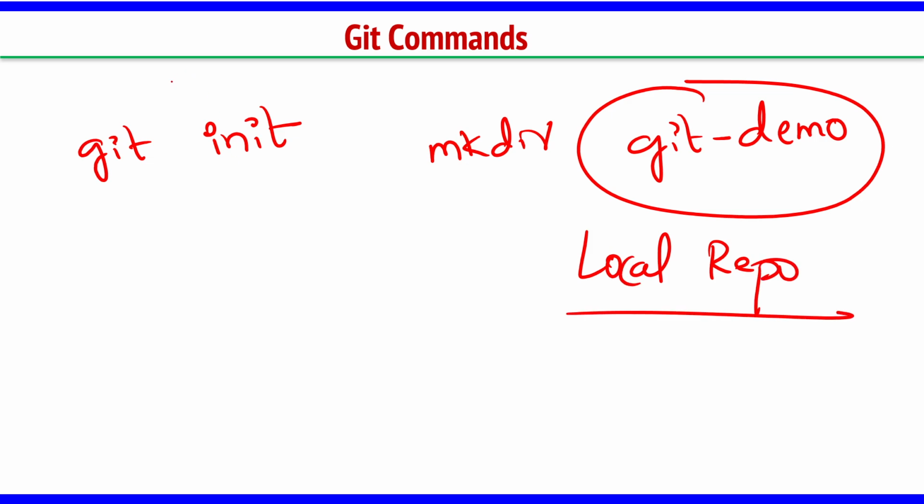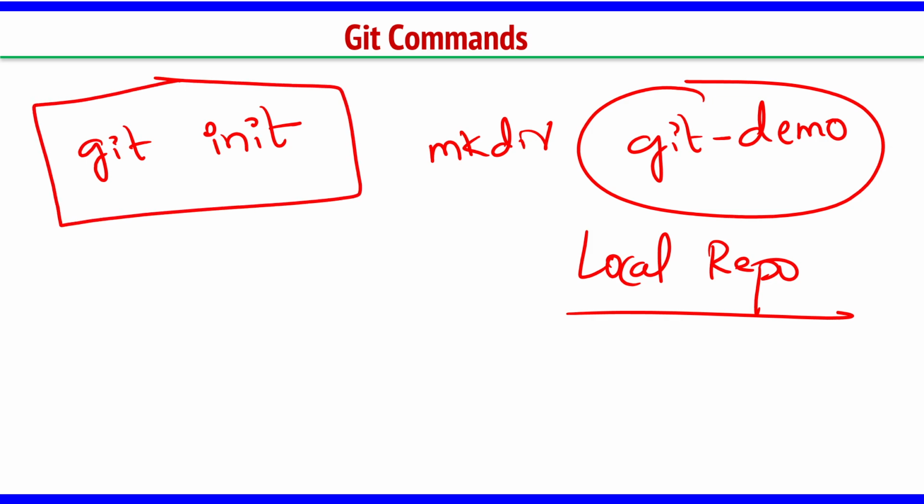For that we use git init. You are using this command to make a folder a Git repository, basically a local Git repository. This is about git init.